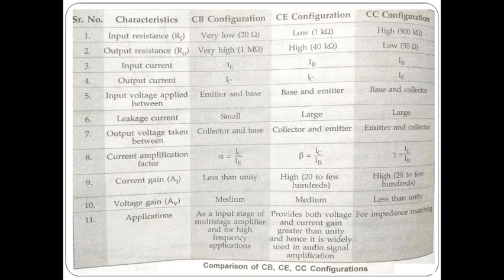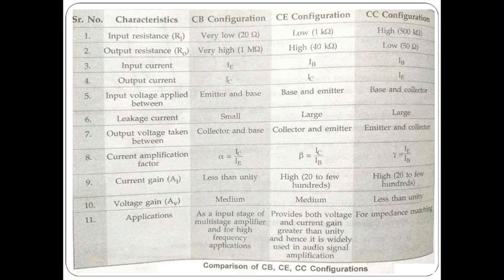Input current is IE in common base, IB in common emitter, and IB in common collector. Output current is IC in common base, IC in common emitter, and IE in common collector. Current gain is alpha in common base, beta in common emitter, and gamma in common collector.